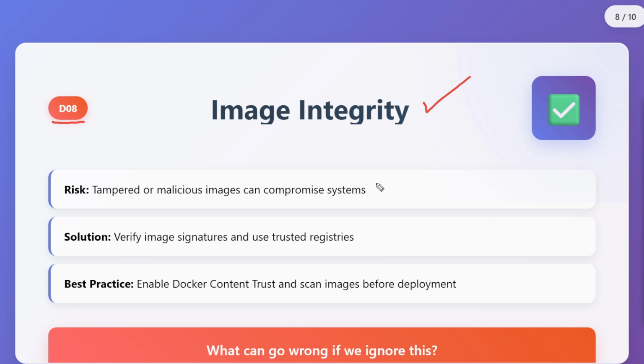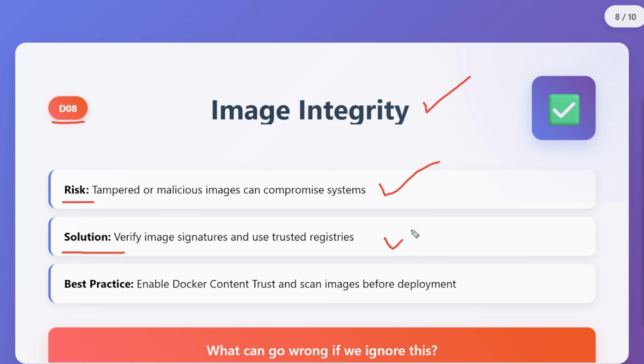The associated risk is that tampered or malicious images can compromise the system. If an image is modified or comes from an untrusted source, it might contain malware, backdoors, or outdated components. So running such images can compromise your entire environment. That is the associated risk.